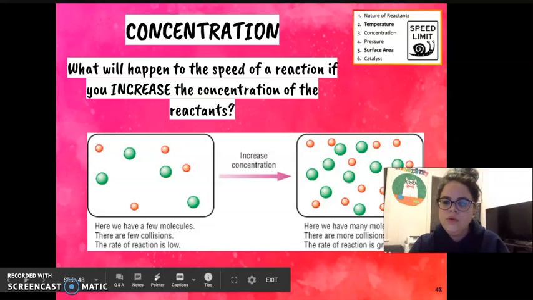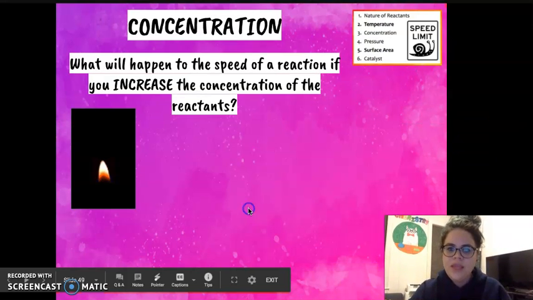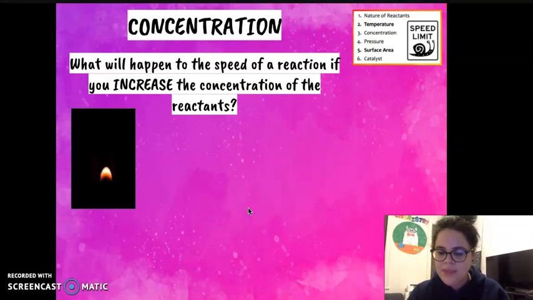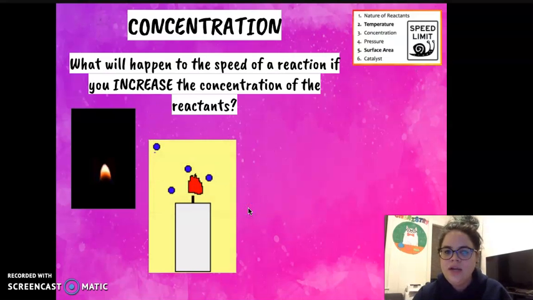I'm going to give you a real-world example here. If I am burning a flame, this is going to be a reaction between whatever is burning and the oxygen in the air. And so you can look at it kind of like this, where these blue dots represent the oxygen molecules that are part of this burning reaction.